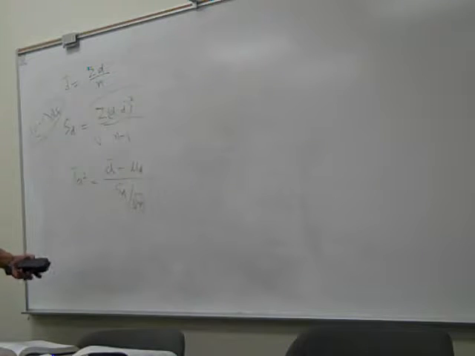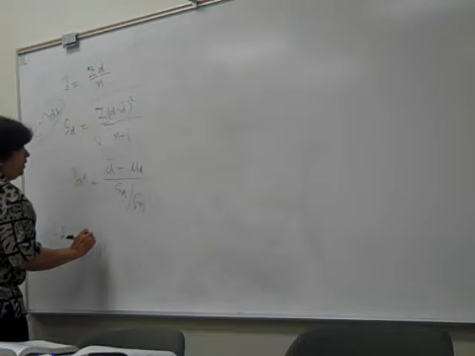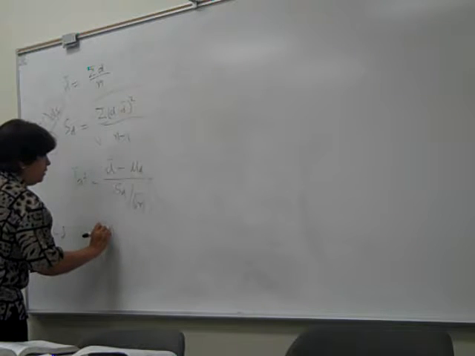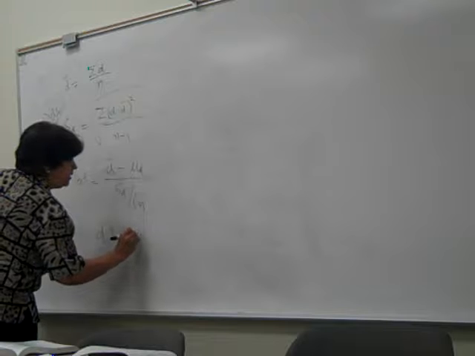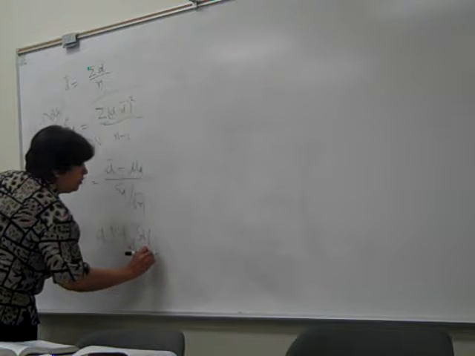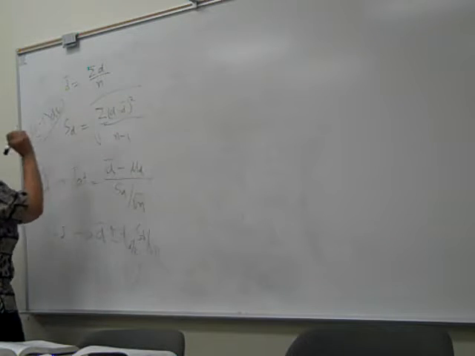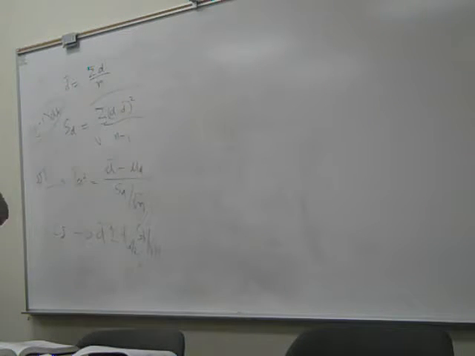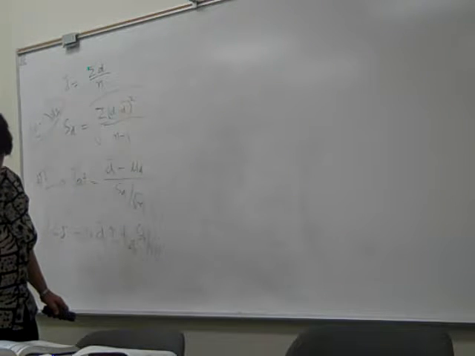And that's it. And for the confidence interval, we have d bar plus or minus t of alpha divided by 2 times s sub d over square root of n. That's for the confidence intervals, that's for hypothesis testing. That's it. The rest of the things are exactly the same.